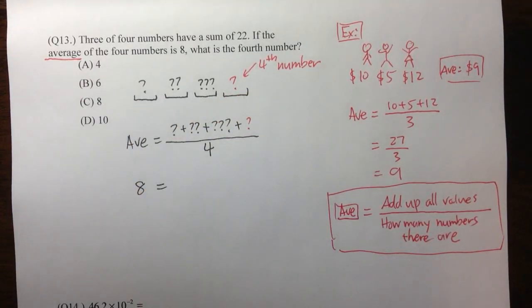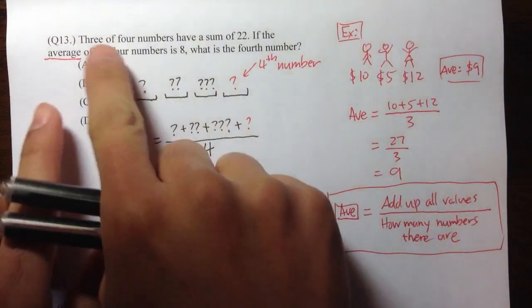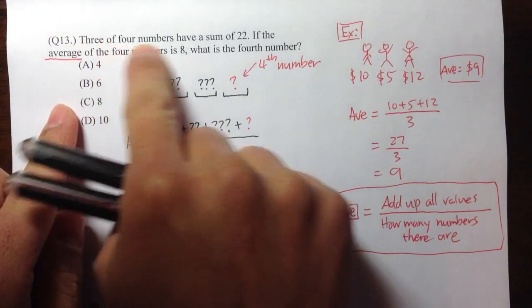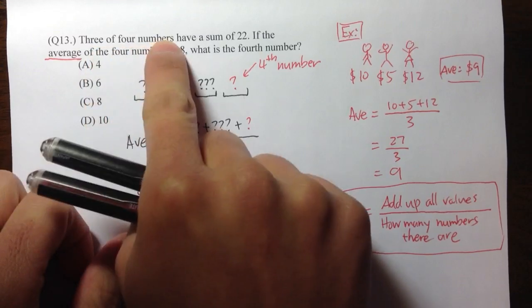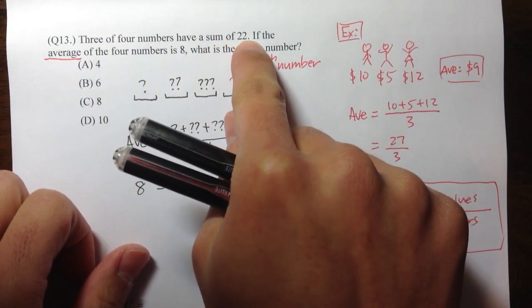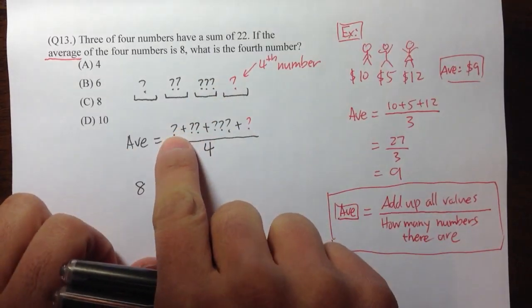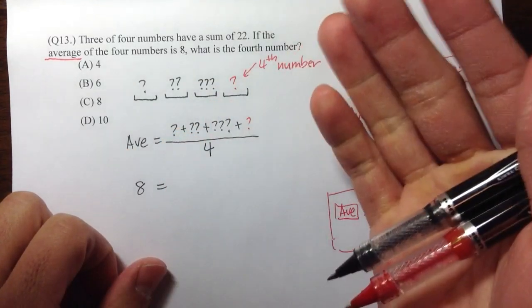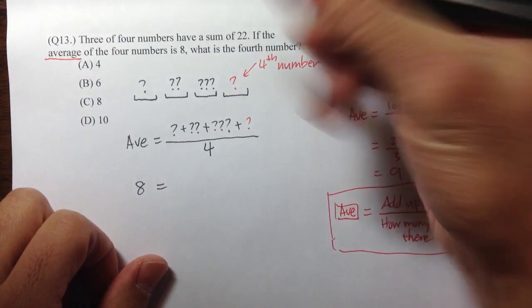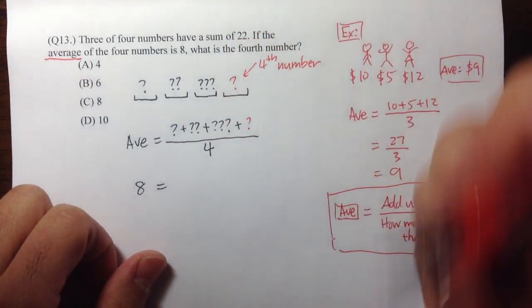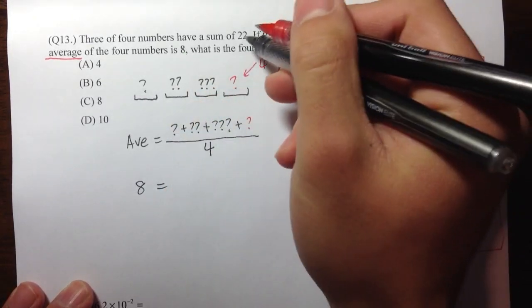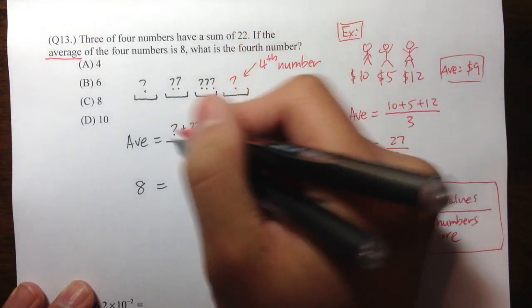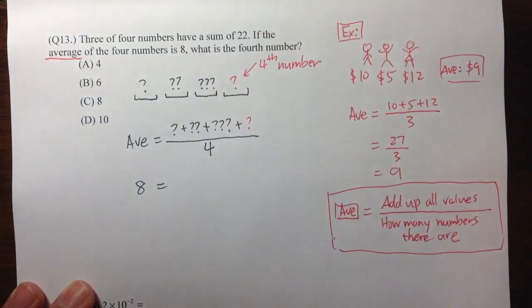And then there's one piece of information that we haven't used yet. It's the first one. It says that three of the four numbers have a sum of 22. We can just say that these three numbers together add up to 22. The word sum means you add. So when you add up three of these numbers, you get 22, and that's very important.